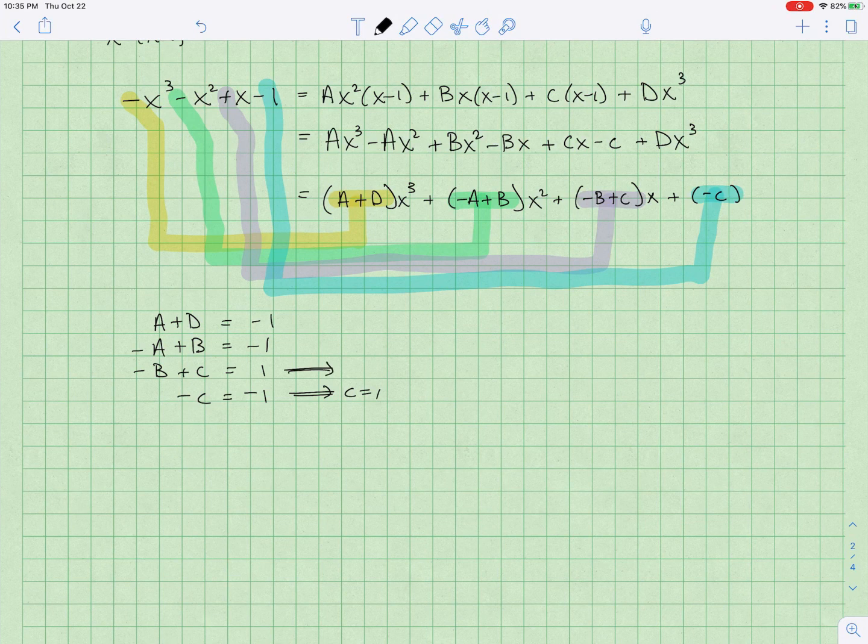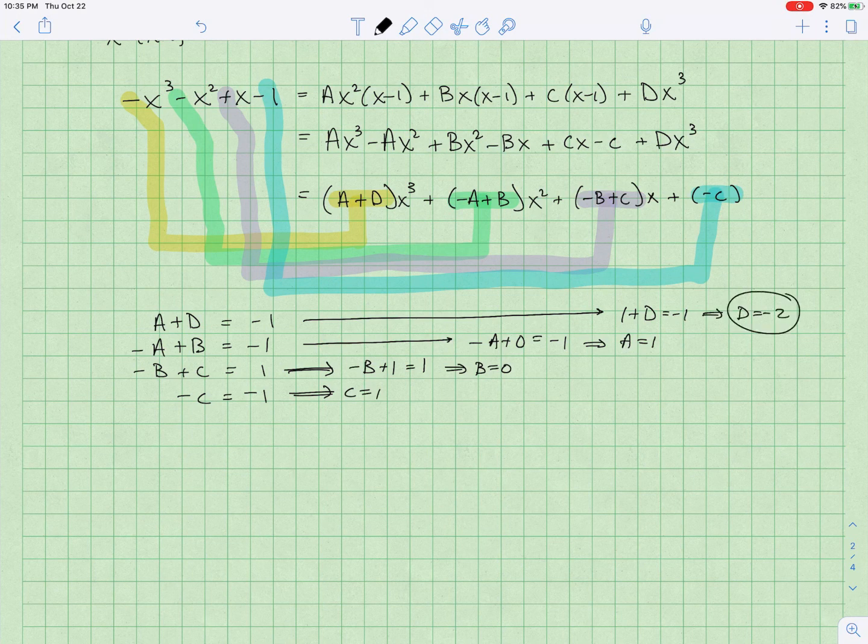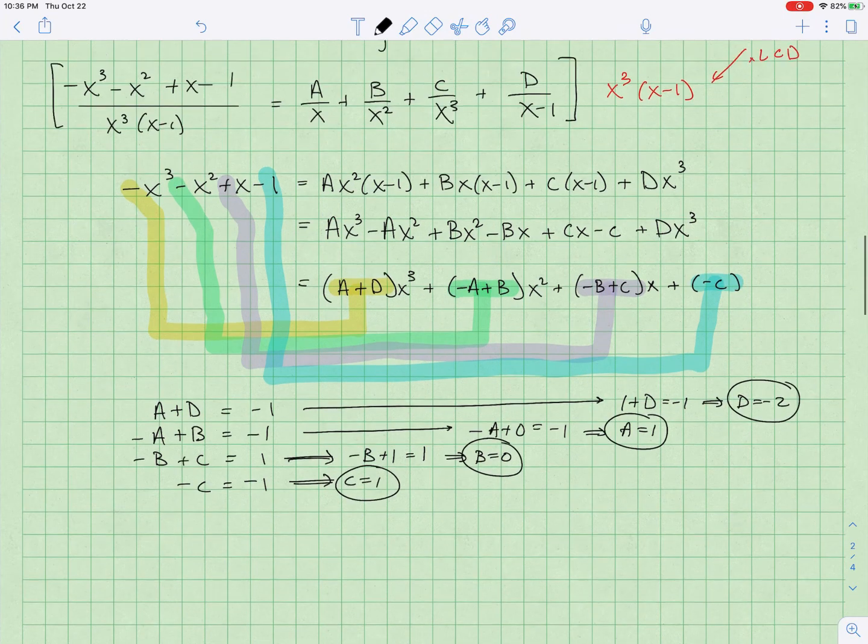And if I plug that information into the row above, I get negative b plus 1 is equal to 1, which means that b is equal to 0. Now that means negative a plus 0 is equal to negative 1, which means a is equal to 1. And if a is equal to 1, then 1 plus d is equal to negative 1, so that d is equal to negative 2. And there's my coefficients.